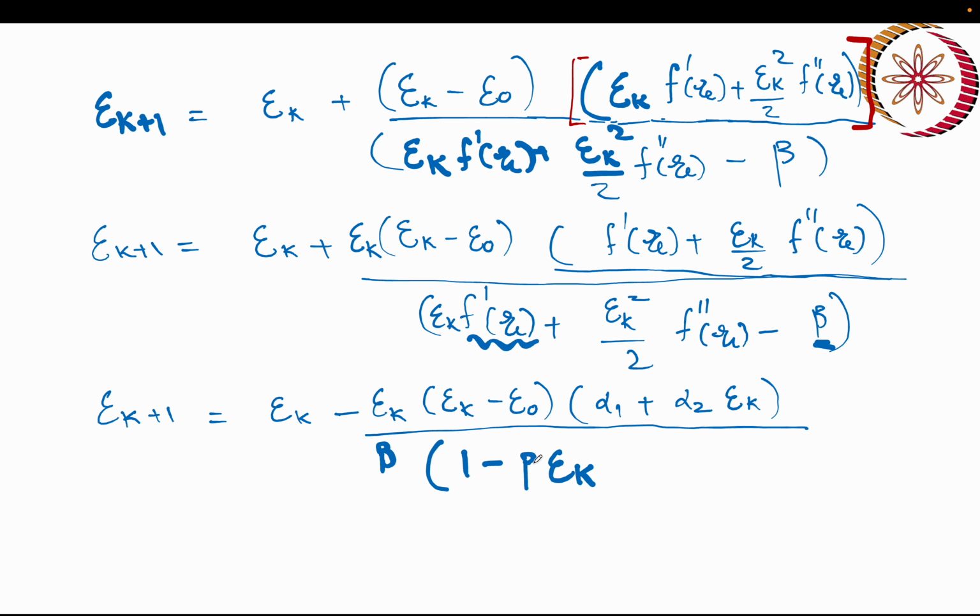So let's say this is beta 1, or we can include that minus sign inside, and it will be plus beta 2 epsilon k square.